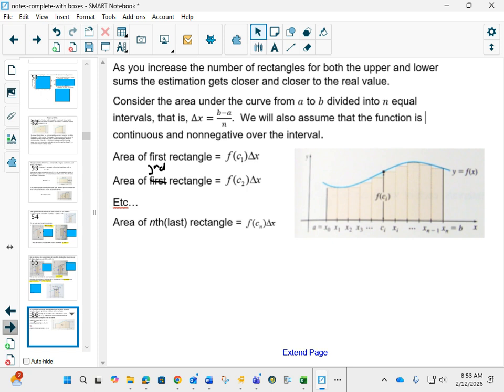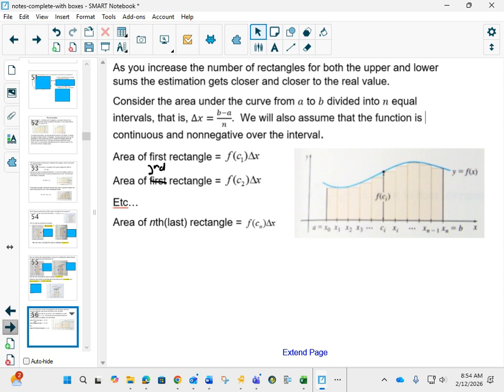We've got a point starting here at A. A we're going to call the first point x0. The second point, x1. Next one, x2. After that, x3. I hope you're noticing a pattern.